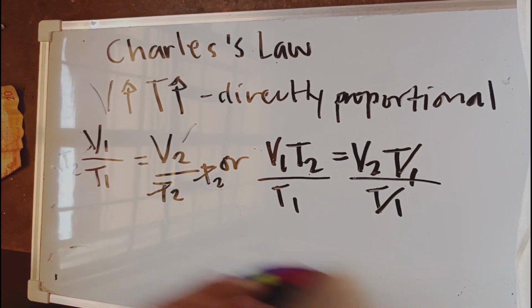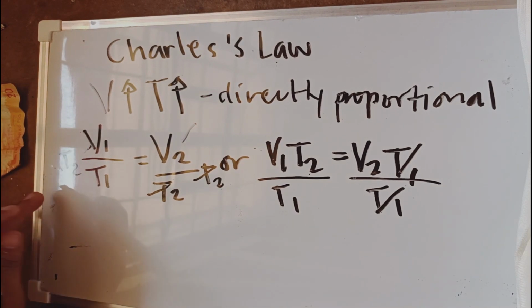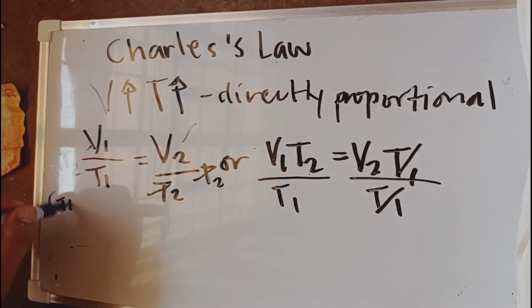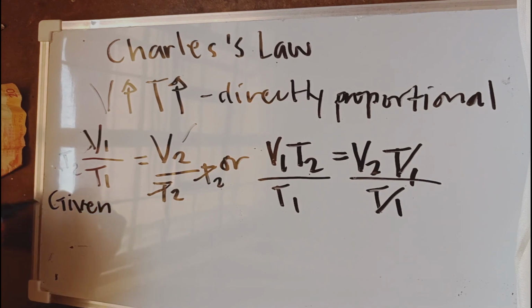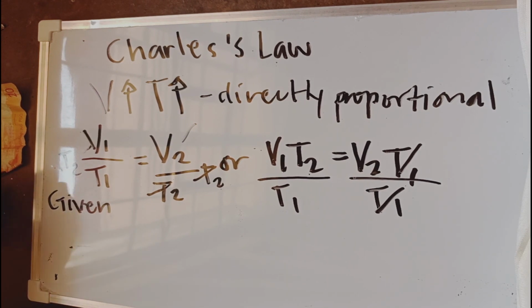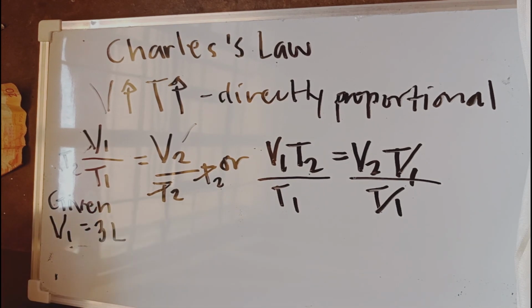Okay, let's move. For example, you have a given problem like this: 3 liters of hydrogen at negative 20 degrees Celsius, allowed to warm to 27 degrees Celsius.